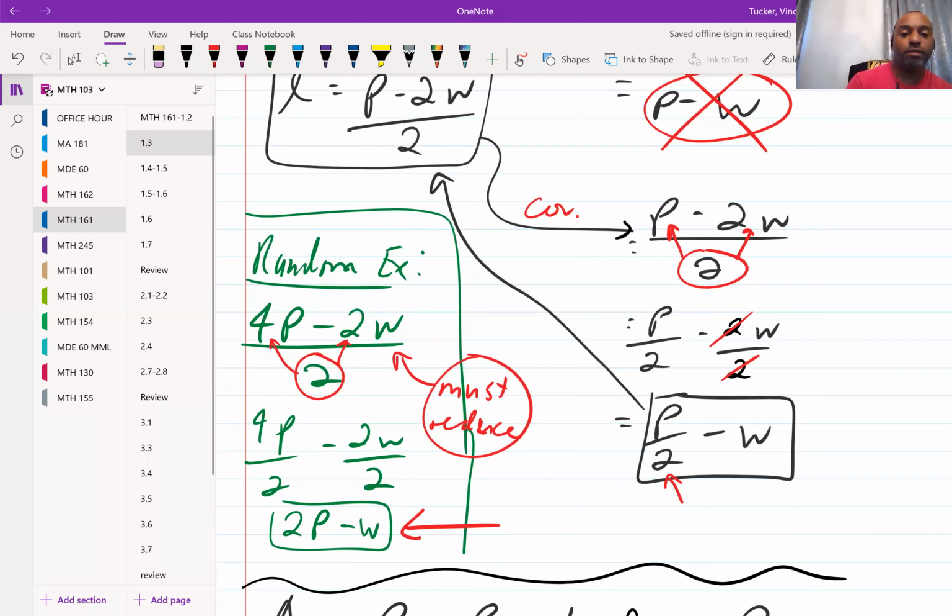Because notice now, if you take the 2 into each numerator, the 2 can divide evenly into each part. 4P over 2, and then 2W over 2 will leave you at 2P minus W, and that would be your most simplified answer. So once again, if that number in the denominator can go into each term in your numerator, you are expected to reduce that.